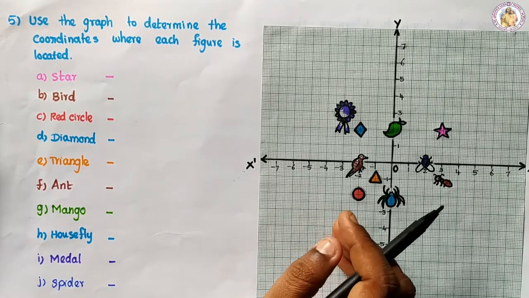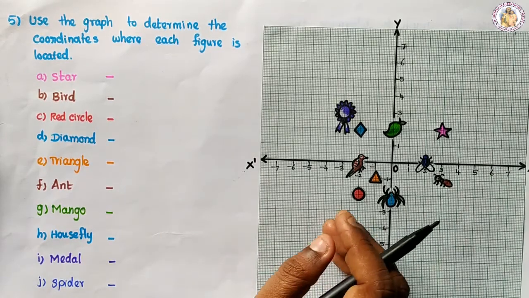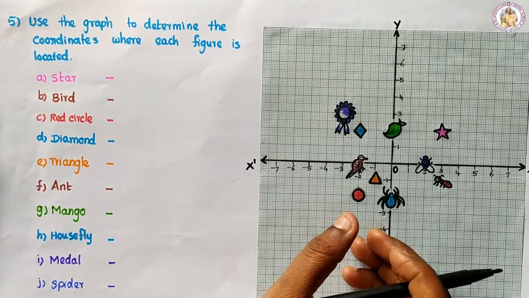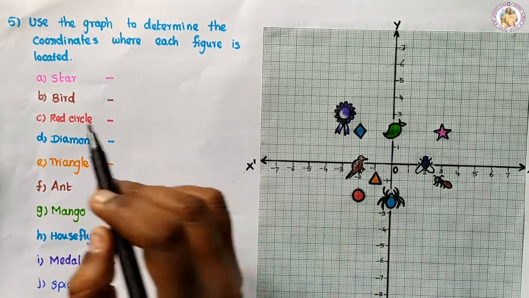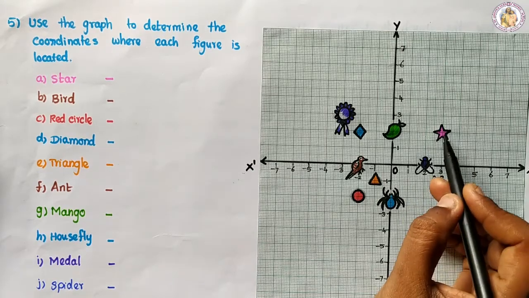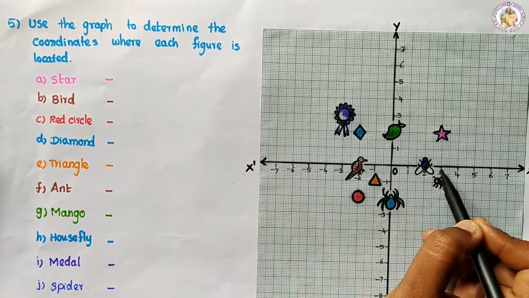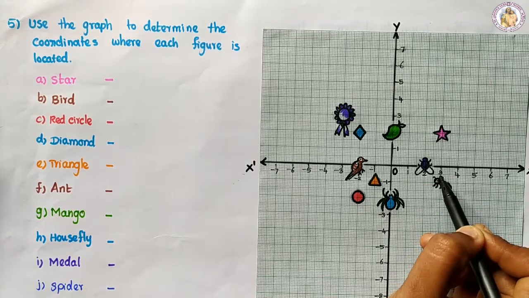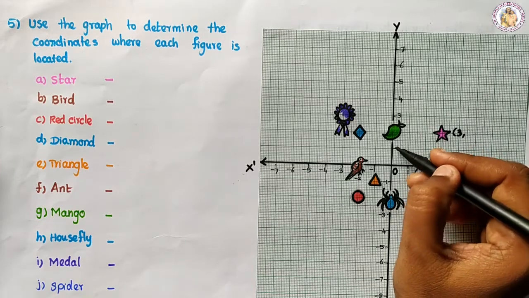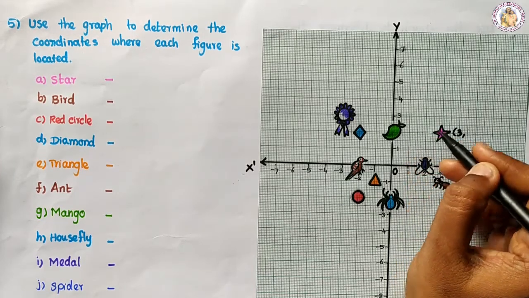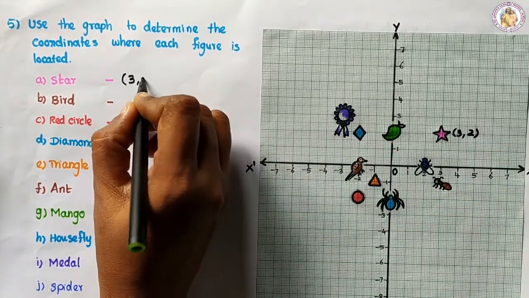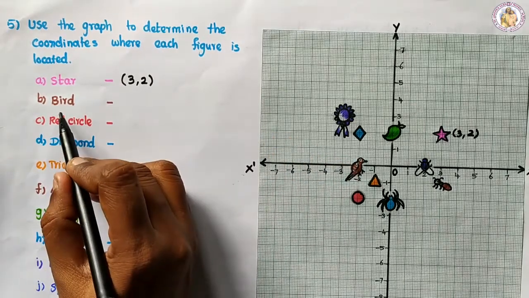Here they have given a graph with the figures located here. We want to find out where each is located. Okay, listen. First one, star. Star is located here. X-axis is 3 and y-axis is 1, 2. So that is 3 comma 2. Next, bird.